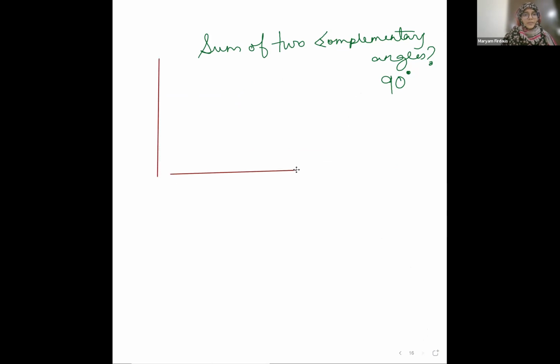Let's say you have a right angle over here, and you have two angles over here. This is your 45 degrees and this is another 45 degrees. So there are two angles, each 45 degrees. They are supplementary angles. Sorry, they are complementary angles. Why?